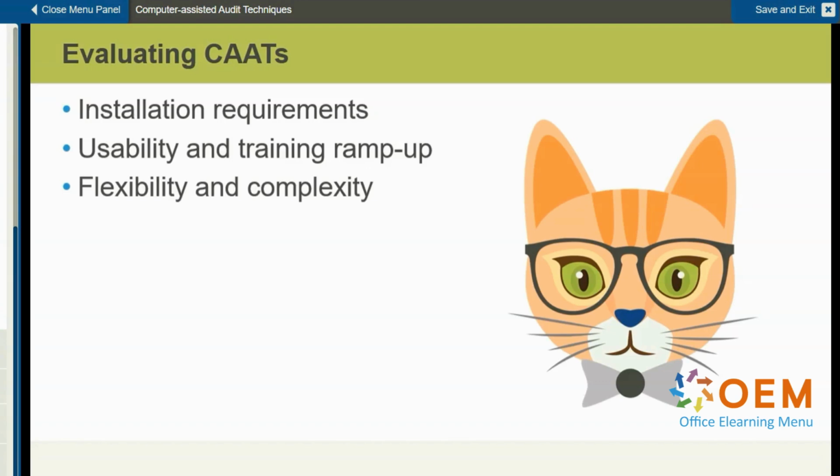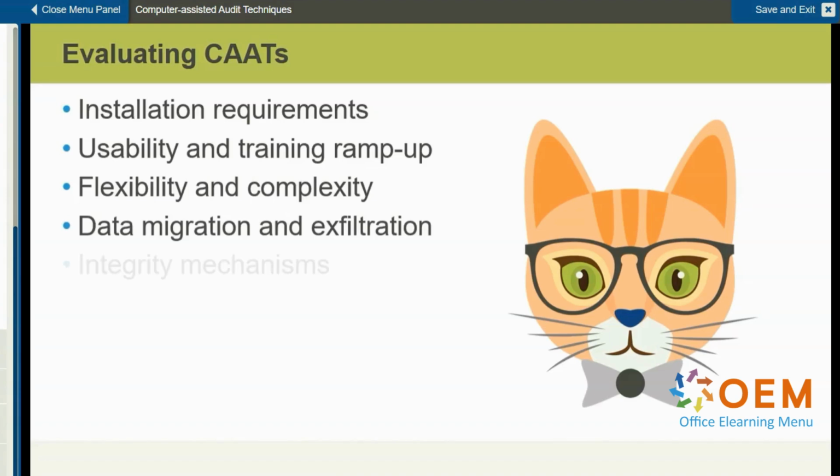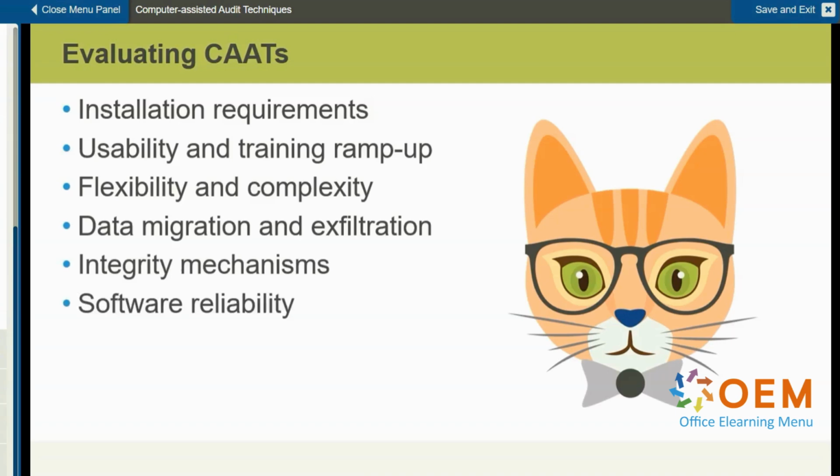Can it handle complex situations? Does it perform effective data migration and exfiltration? Does it include integrity mechanisms? For example, digital signatures, timestamp. Is the software reliable? What sort of vendor support do you have for the CAAT?